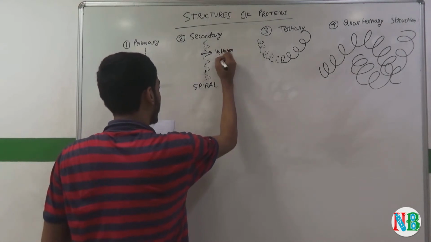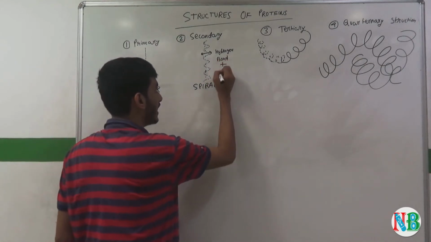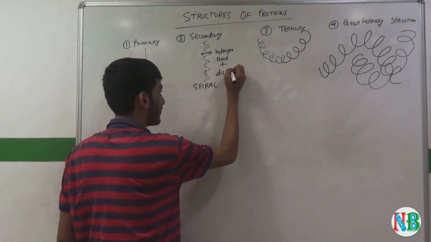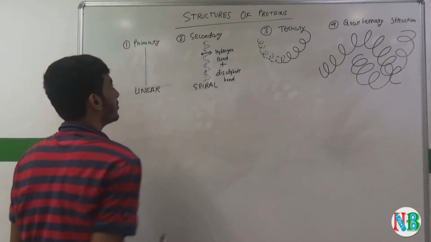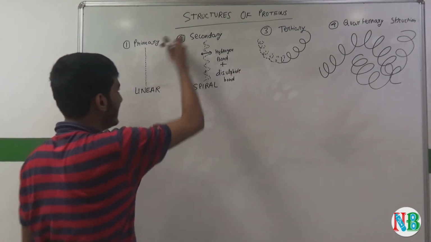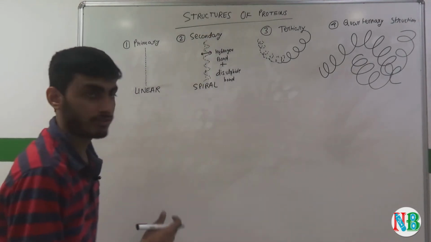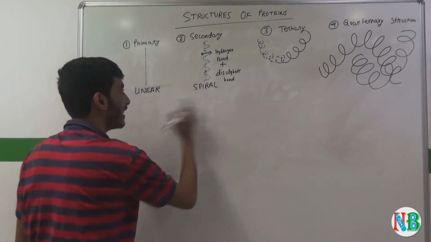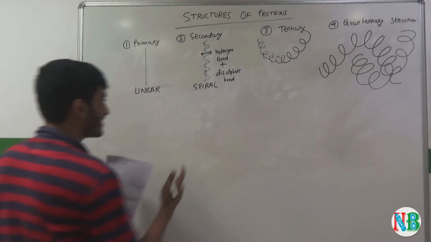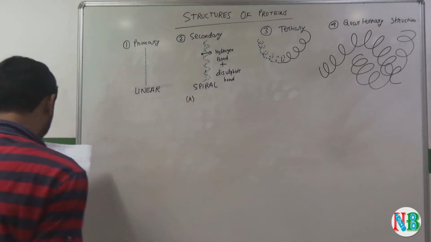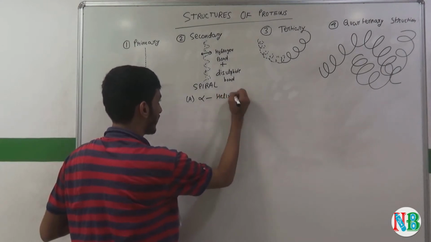They contain hydrogen bonds or disulfide bonds. So these series are formed like 1 2 3 4, and they are attached to each other by hydrogen bonds. Now under this section you have two kinds of structures. The first one is the alpha helix structure.